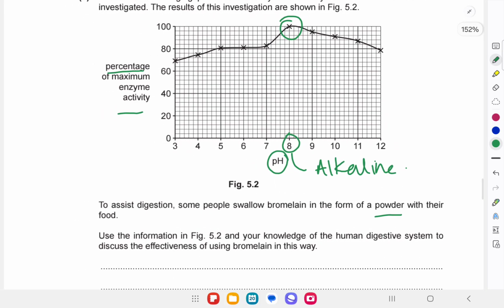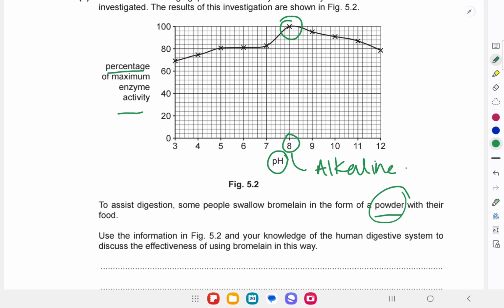So in powdered form, the surface area of the enzymes increased, and with the higher surface area they can perform higher activity due to more collisions with the substrate. The optimum activity, the highest activity, will be shown at pH 8.